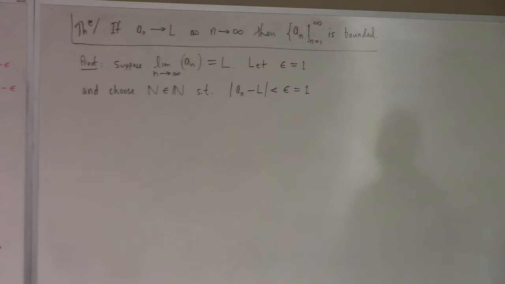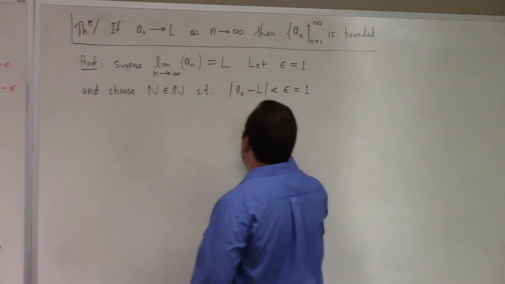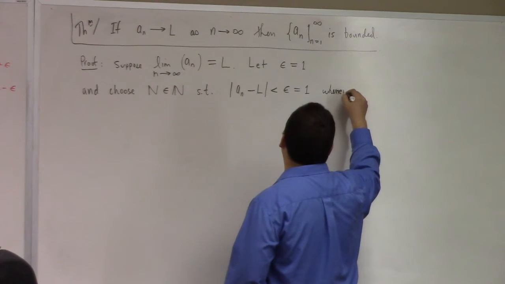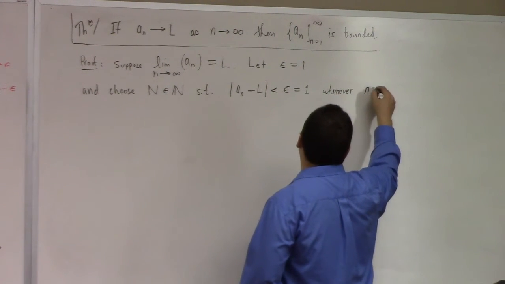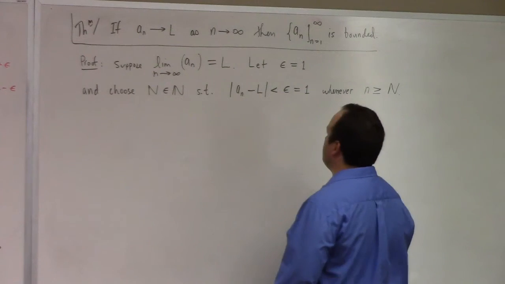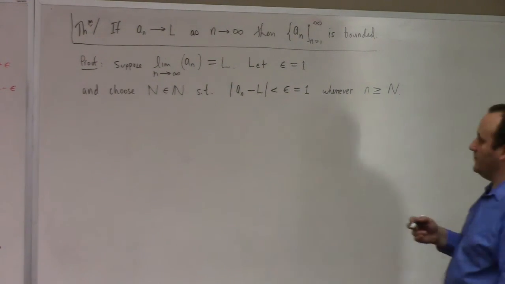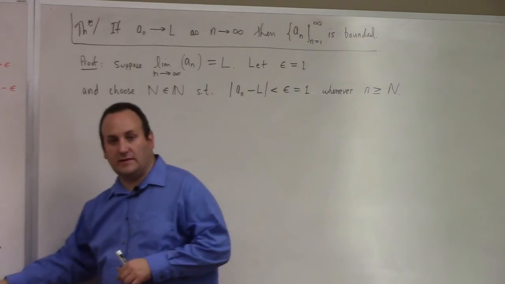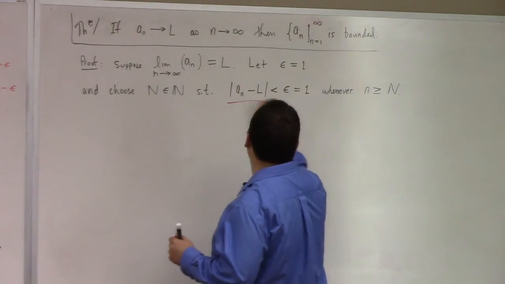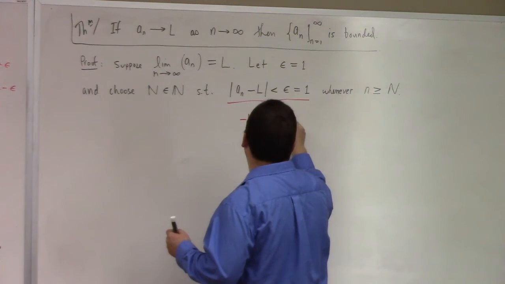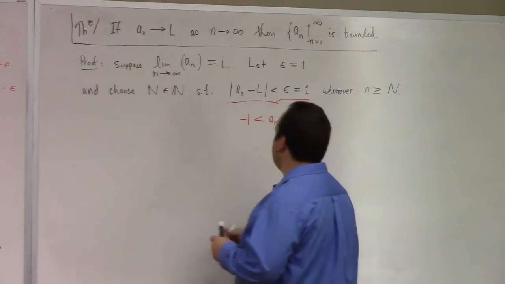Now, what does this say? This is true whenever what? I forgot a qualifier here. Whenever n is greater than or equal to big N. Oopsie. So we can unwrap that inequality. This means minus 1 is less than a sub n minus L is less than 1.